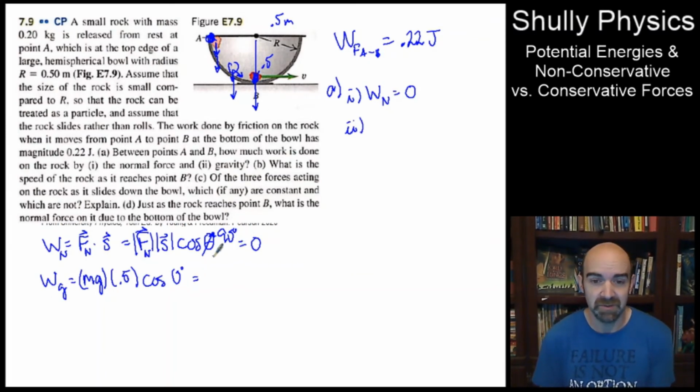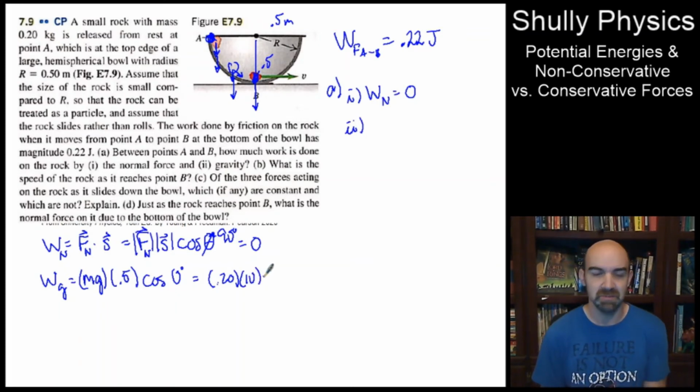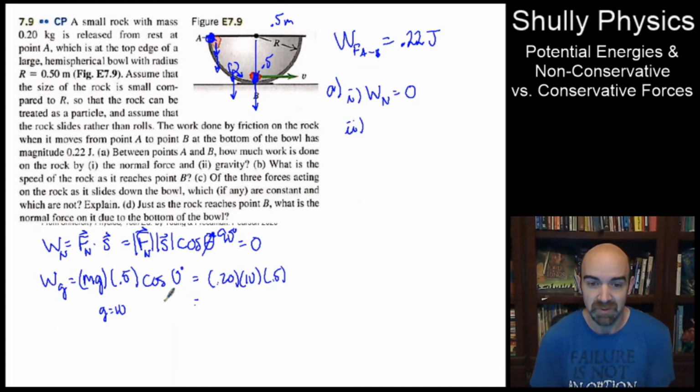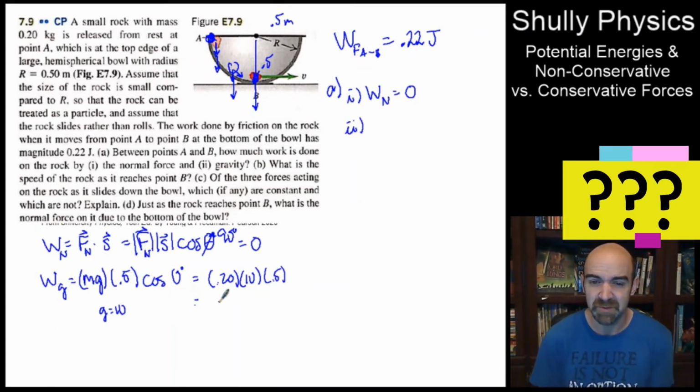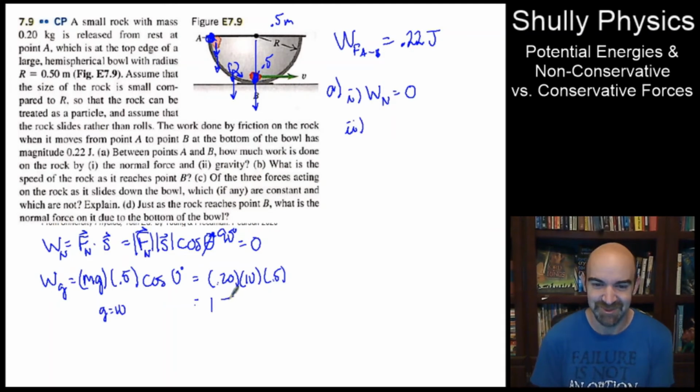So all we got to do is take that mass of 0.2 times 9.8. I'm going to make it 10. So m times g, I'm going to use g of 10. And we've got the 0.5 there. So that work done by gravity is going to be half of 10, which is 5, times 0.2, which is 1 joule.